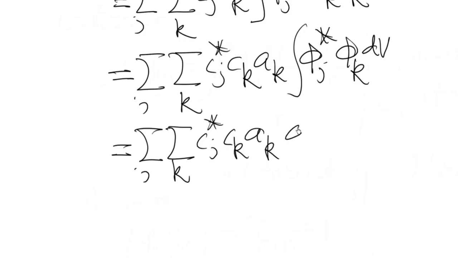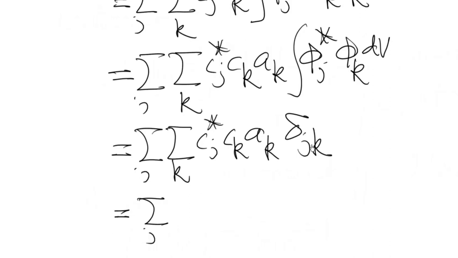And we can write down this Kronecker delta, and with the help of this delta we can reduce these two sums into one. How? If you consider this summation over k, if k equals j, then only this will give you delta jk equal to 1.